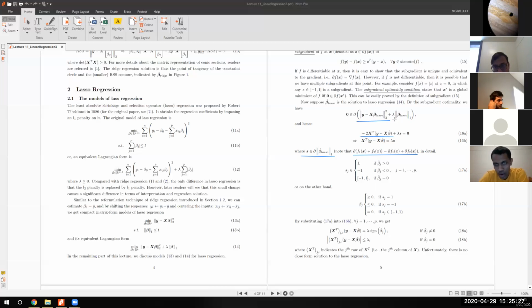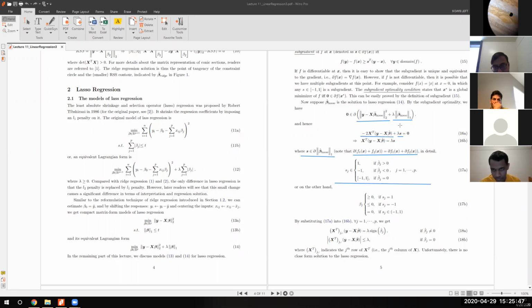The first part is f1, the second part is f2. The subgradient of these two equals the subgradient of the first part plus the subgradient of the second part. See it? Okay, now we can make it this part plus this part, and S is a subgradient of this. In detail, I can write S in this way.